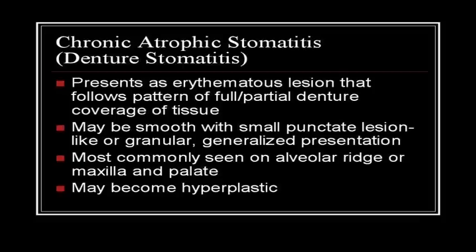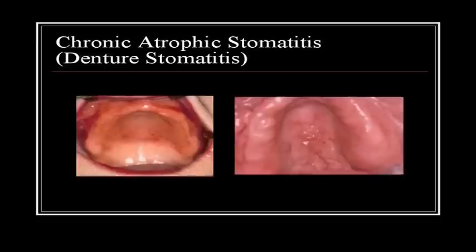Chronic atrophic stomatitis, as I mentioned, also known as denture stomatitis, is going to become increasingly important to the dental hygiene clinician. With an aging population of clients wearing dentures for 20, 30, or 40 or more years, denture stomatitis becomes a concern. This is an erythematous lesion that follows the pattern of the full or partial denture coverage of the tissue.